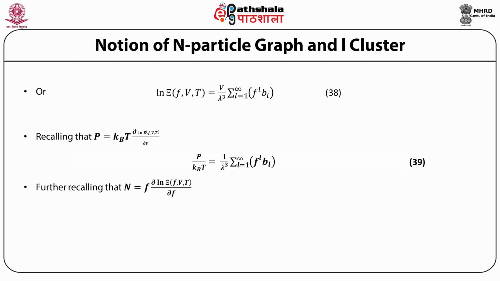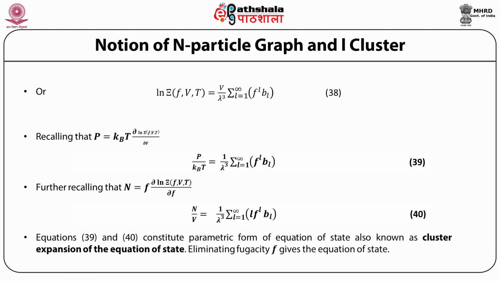Further recalling that the number of particles N is equal to fugacity times the partial derivative of log of the grand partition function with respect to f, N upon V is equal to 1 upon λ³ summation over l equal to 1 to infinity of l f raised to power l b_l. Equations 39 and 40 constitute the parametric form of the equation of state, also known as the cluster expansion of the equation of state. Eliminating fugacity f gives the equation of state.